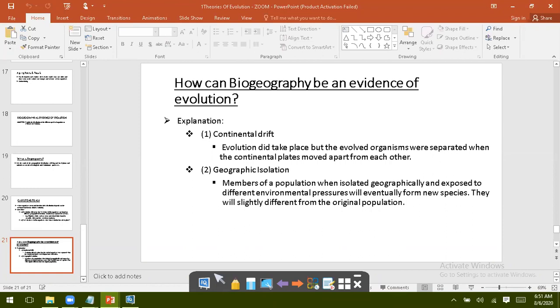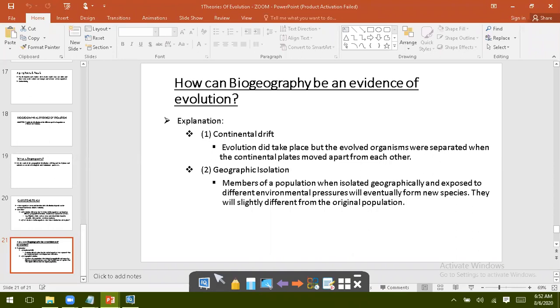So over time, their movement has allowed for those similar organisms to be separated, and therefore the ostriches and the emus that we talked about on the previous slide were able to be moved from where they were previously to their current locations. So if continental drift can be used to explain their occurrence in those particular locations, then we can be sure that evolution has taken place, but because of continental drift, they moved to those places.